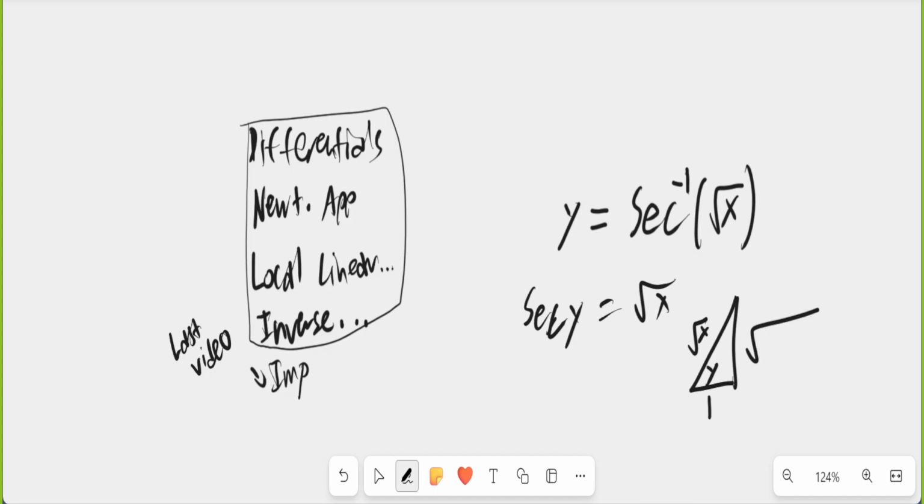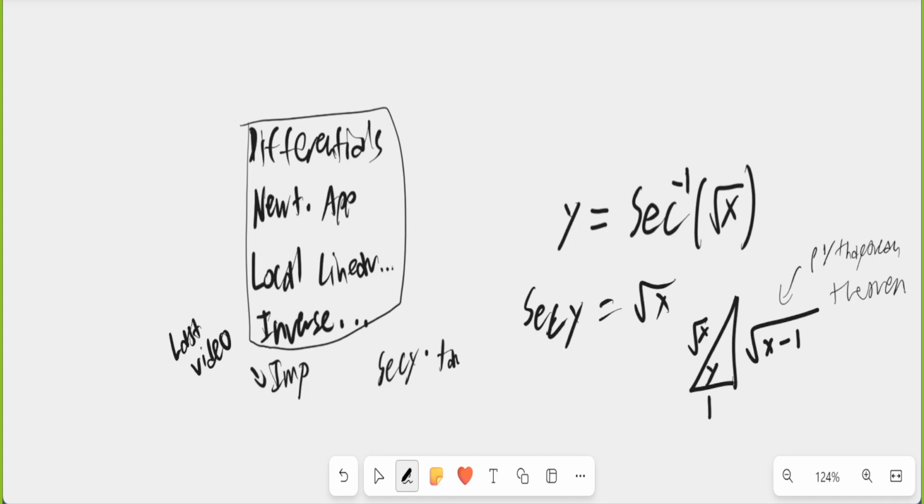So this side is the square root of the square root of x squared minus 1, which is x minus 1. And you do this with the Pythagorean theorem. So you do that, and then you take the derivative.